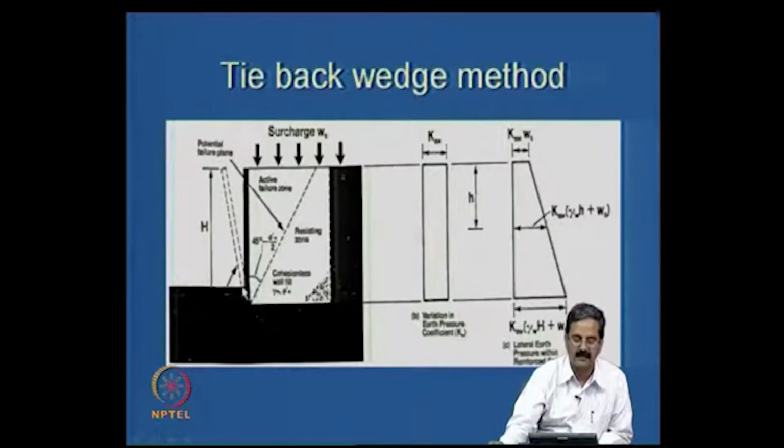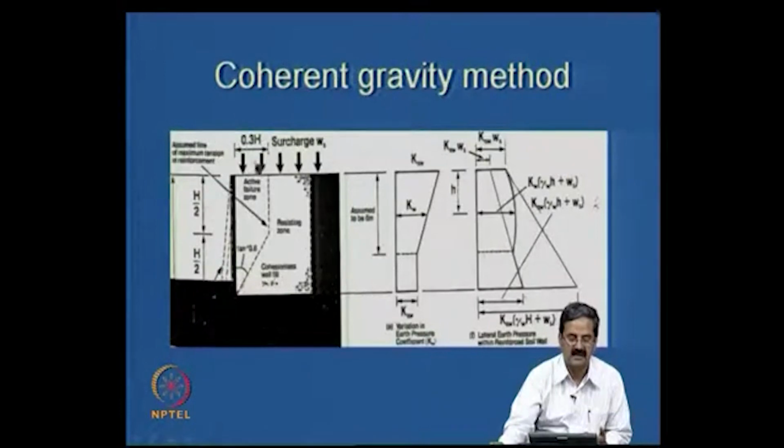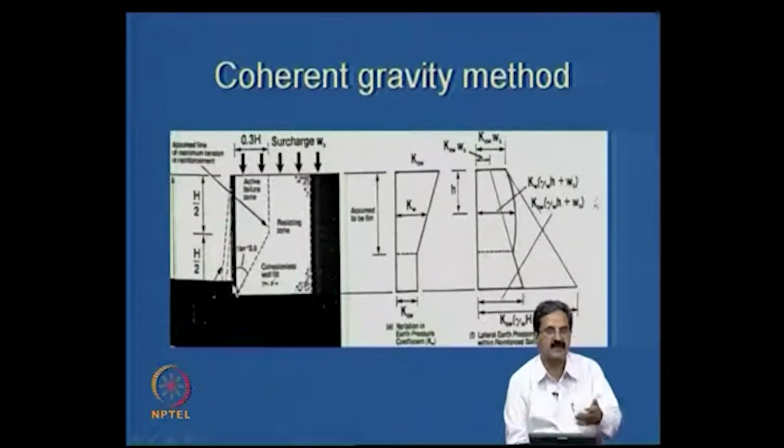The advantage is that the earth pressure you have to consider in design is much less in the coherent gravity method compared to this case. Here you consider all this pressure, whereas in this case the earth pressure is only like this, which means this method is somewhat economical, is it not?